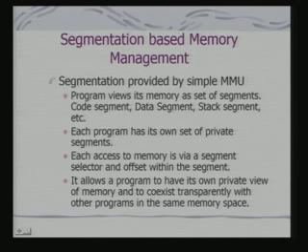Now, all these things permit a program to have, as we already said, its own private view of memory and to exist transparently with other programs in the same memory space.